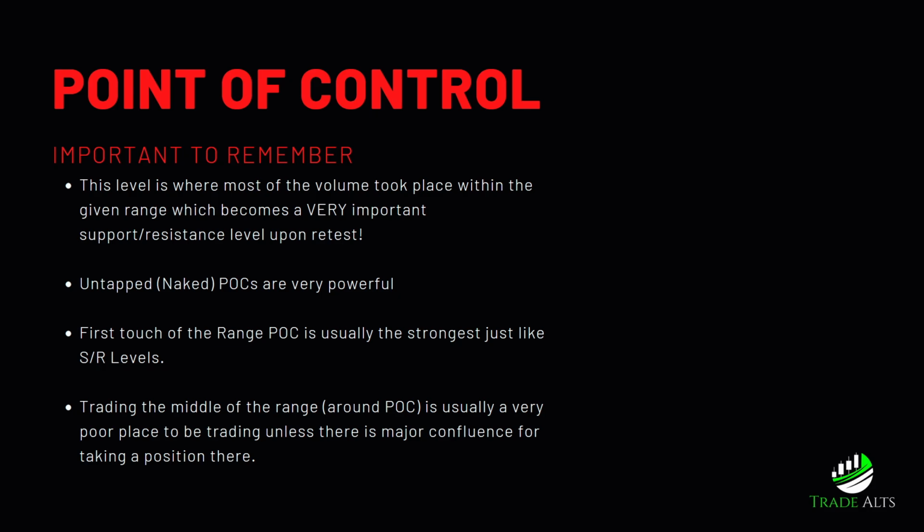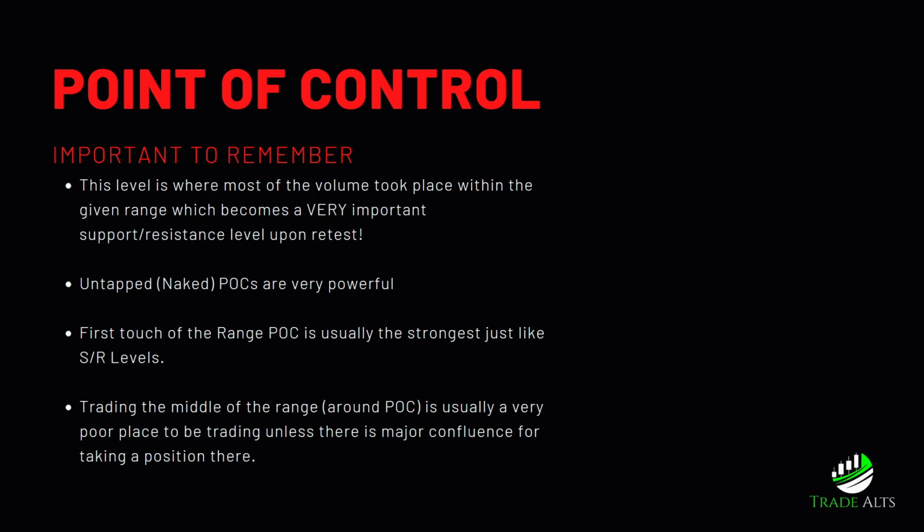Trading the middle of the range, which I touched on in video 1, is the same thing. Trading in the middle of the range or around your point of control is usually a very poor place to be trading unless there is a major confluence for taking a position there. By trading, I mean establishing a new position at the point of control. It's usually not a very good idea.